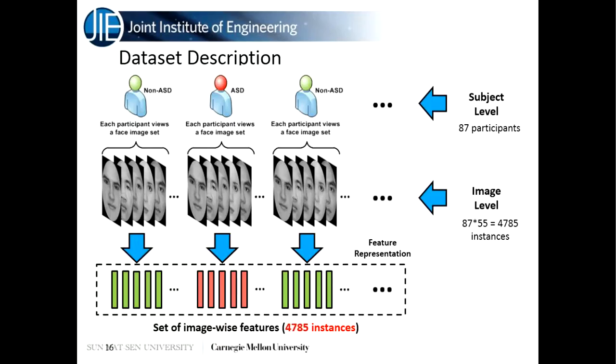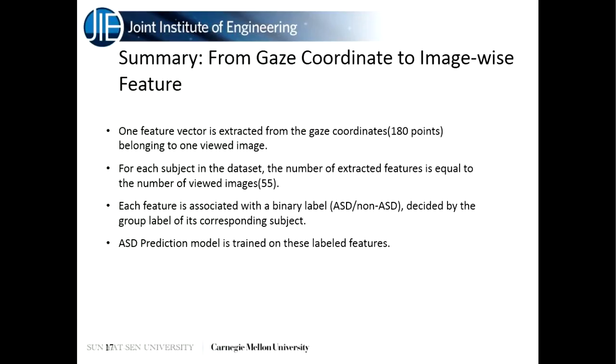From this data, we can formulate image-wise features. For each image, we have around 180 coordinates. How do we extract features from those coordinates? If we finish the feature extraction, then we have 4,785 feature vectors, and we can perform classification on them.